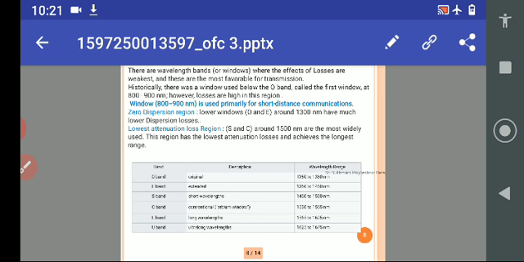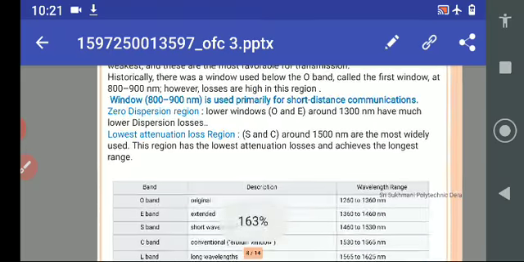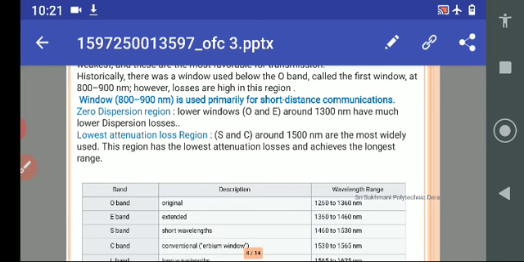Then we have other regions. O band is known as original band, and it has the wavelength range from 1260 to 1360 nanometers. Then we have E band, extended band, 1360 to 1460.